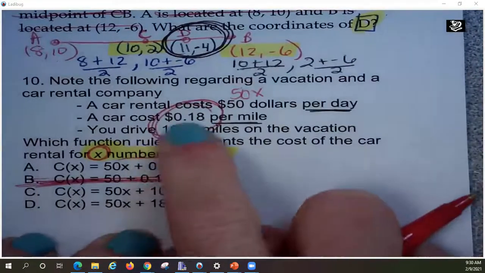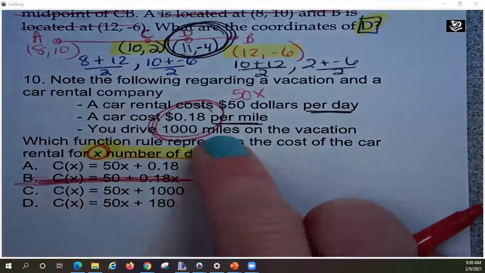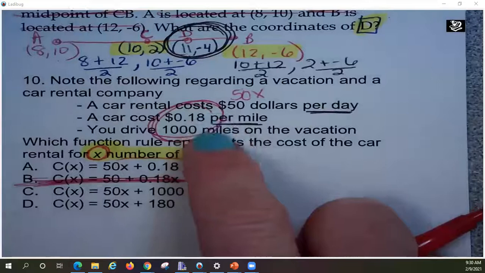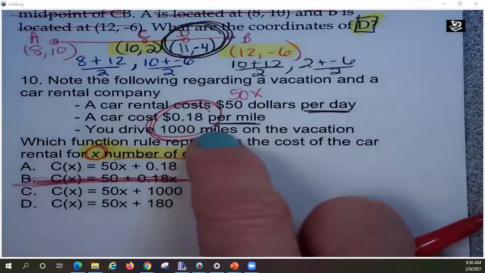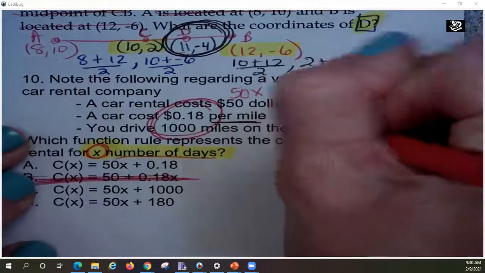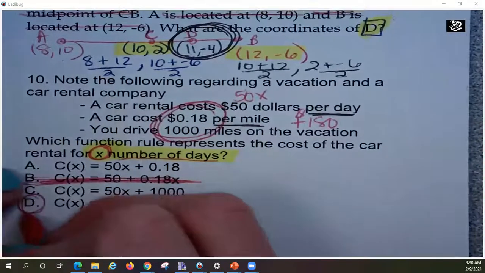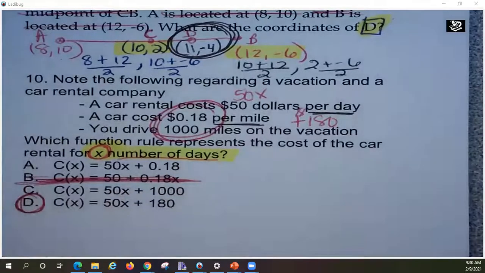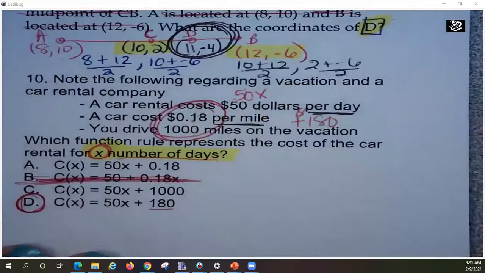If it's 18 cents per mile and you drive 1,000 miles, the company is going to multiply those numbers to see how much you owe. Okay. What is 18 cents times 1,000? 180. So they're going to charge you $180. Okay. So what is the answer? D. Okay. The answer is D. So the 180 came from multiplying those two.